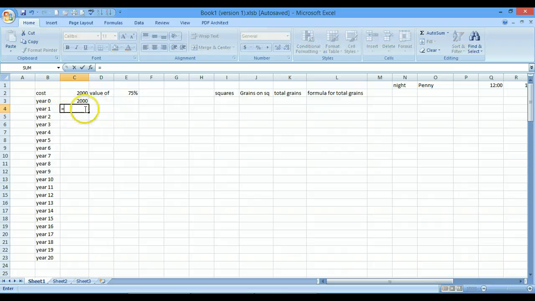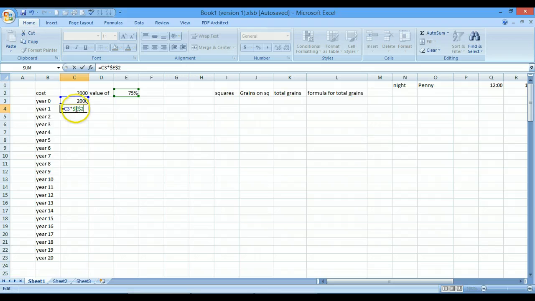So here I'm going to say reference the cell one above. So this is cell C4. I'm going to reference the cell one above it, which is C3, and times that by 75%. Now, because the 75% is always going to be what percent we're taking of the value, I want to highlight that or just keep my cursor next to it and press F4 to do an absolute cell reference.